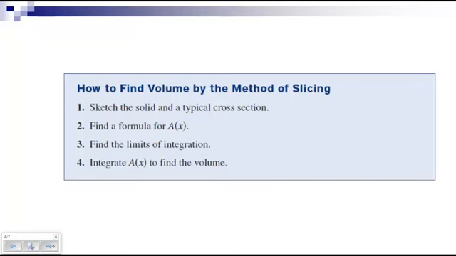We're then going to ask, what are the limits of integration, or what are the values that x varies over to make up that volume? And then we'll integrate that cross-sectional area, A sub x, dx, on those limits of integration in order to find the volume.